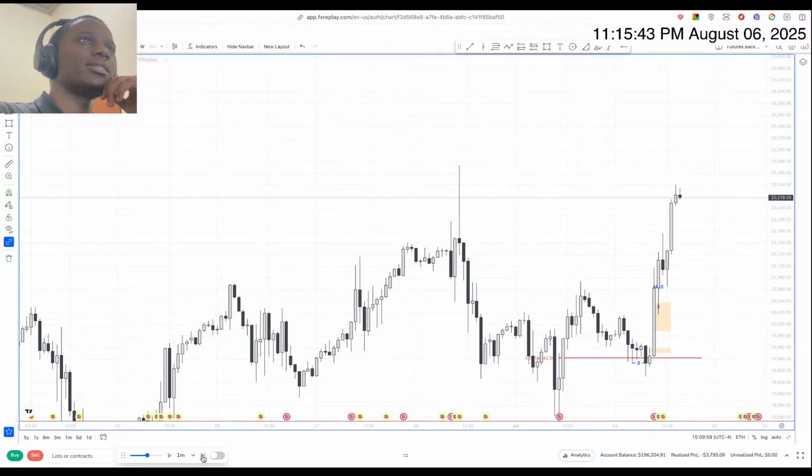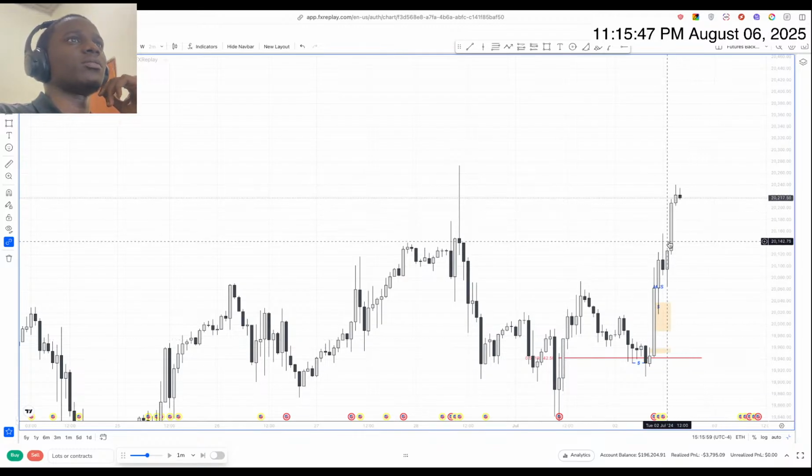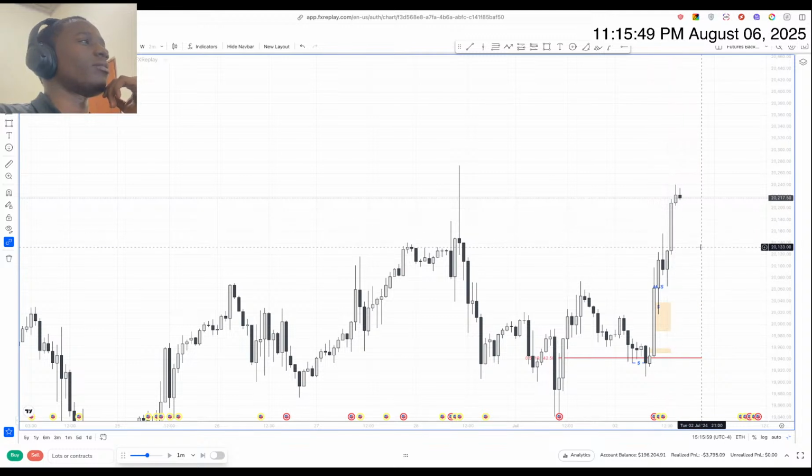We're now in the last hour of trading, which is most likely to retrace into this nice fair value gap in the 1 hour.